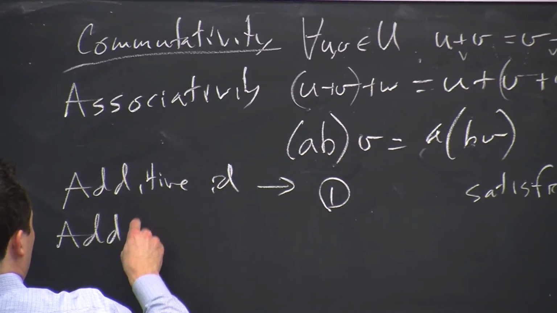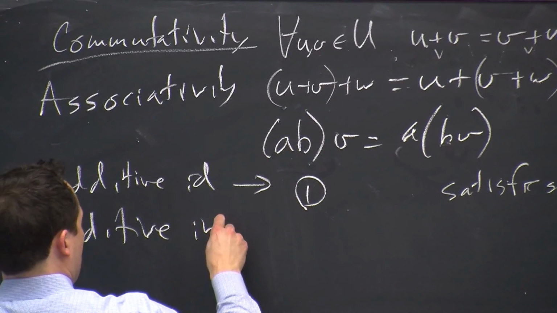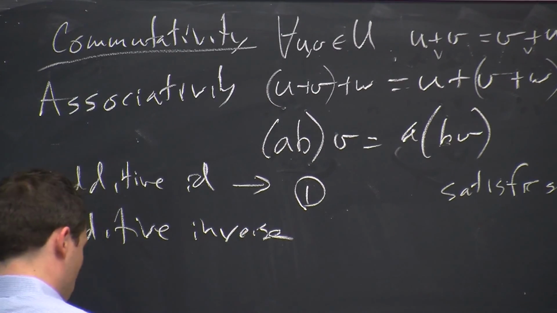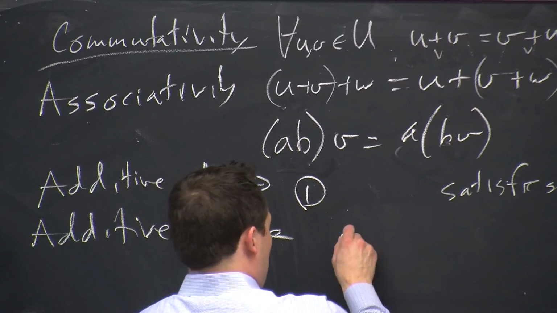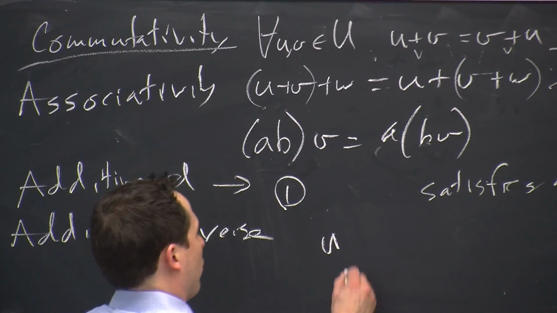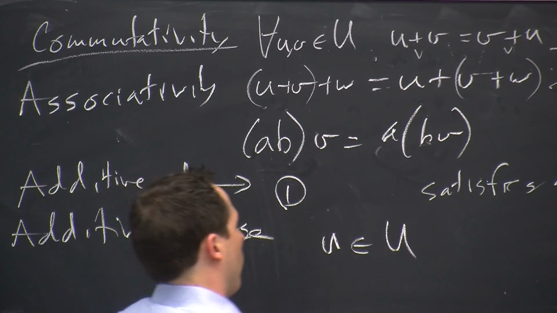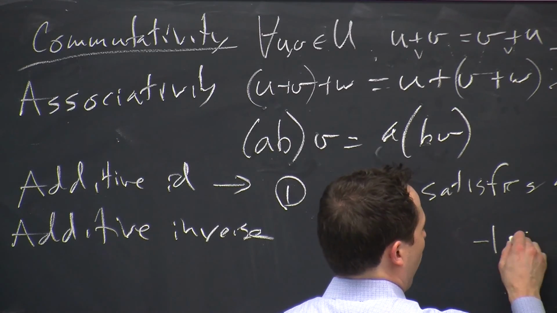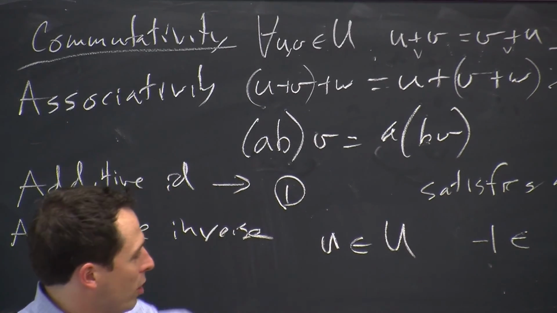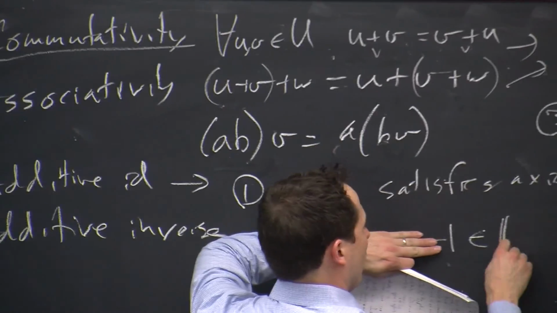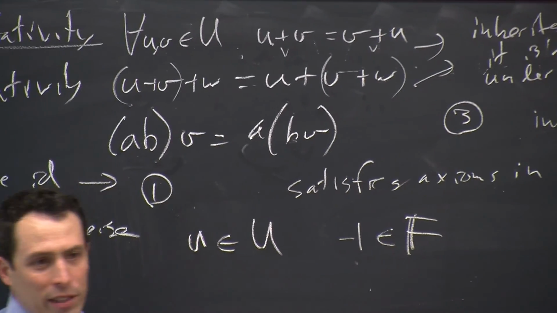For additive inverse, we could maybe think about it a little bit more. So let U be a vector in U. By field axioms, I know that there's a special element 1 in the field, and there's a special element -1 in the field, right?